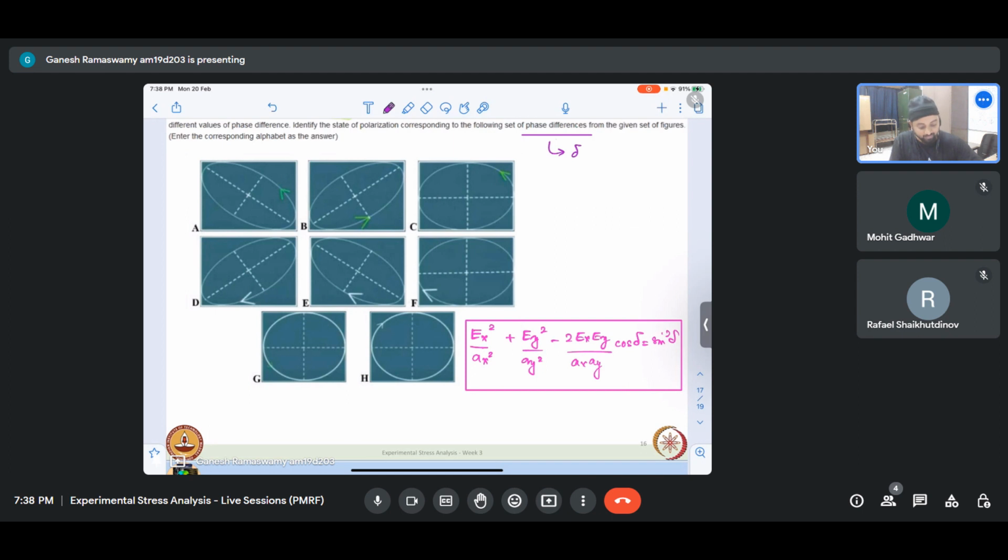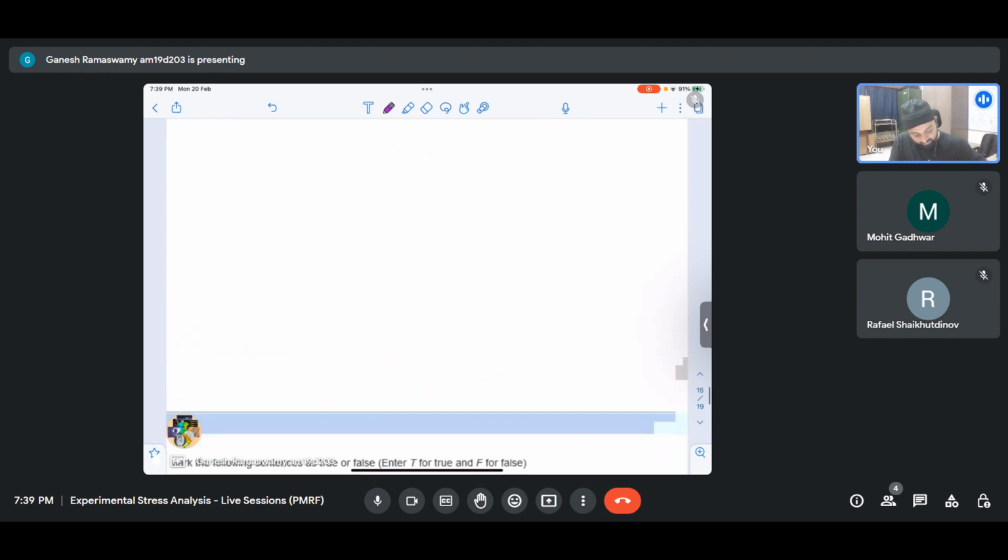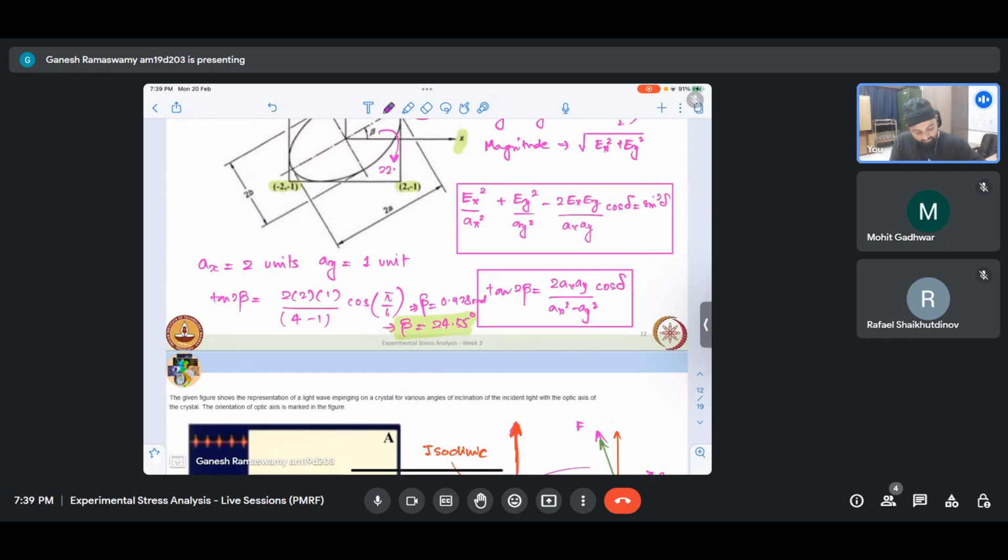It follows from this equation also that if you introduce delta that is a multiple of pi, then our light ellipse will degenerate into a line, which becomes linearly polarized light. So this is nothing but your half wavelength, half lambda. And we also know from that angle, I'll just copy that also, just a minute.